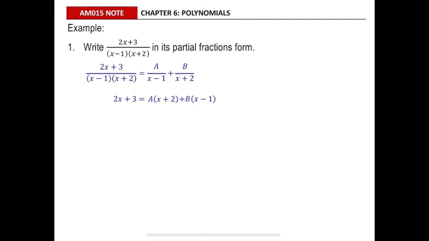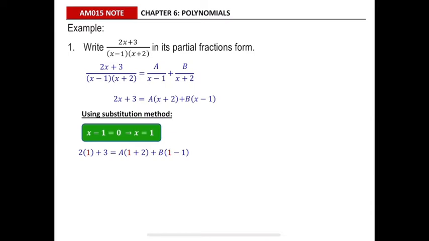We use the substitution method to find the values of A and B. The easiest way is to substitute the value of x when the linear factor is 0. So let's try substituting x equals 1, which comes from the linear factor x minus 1.